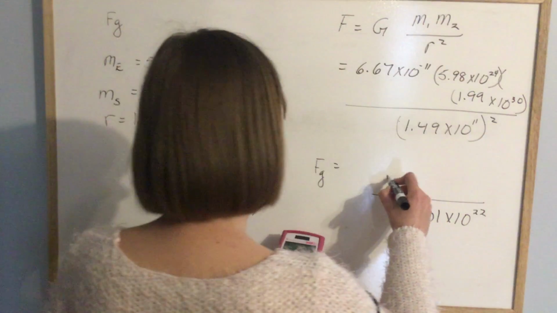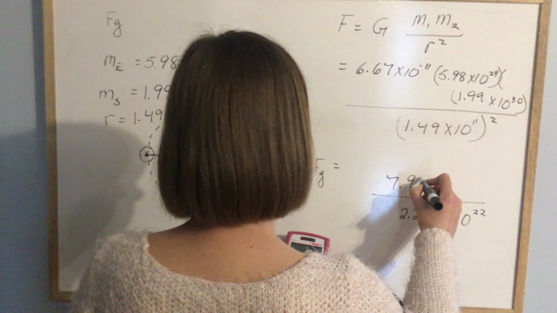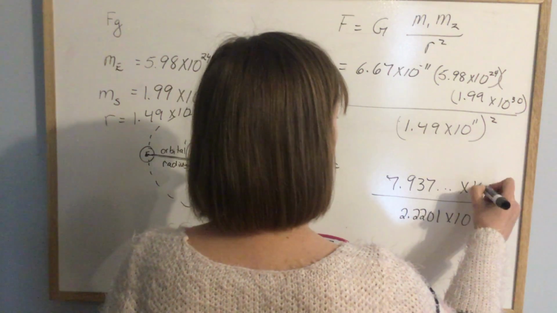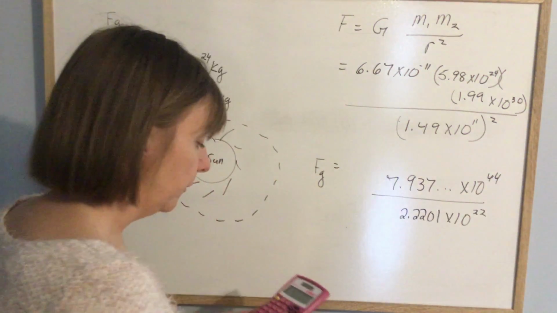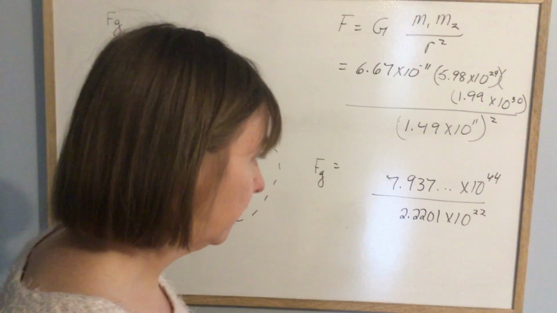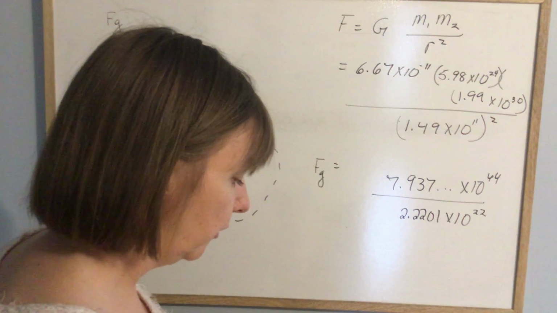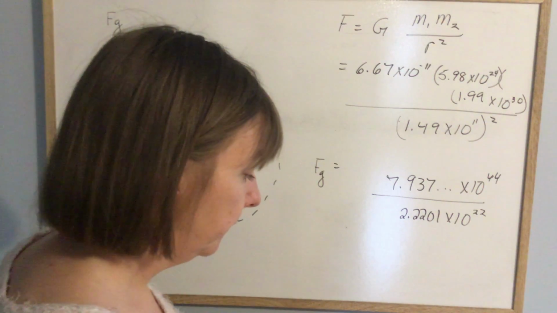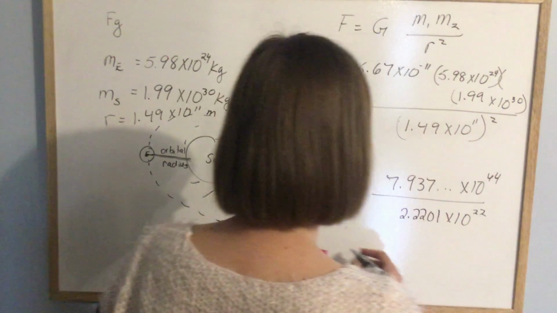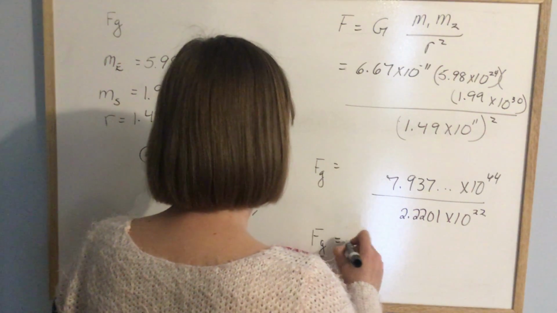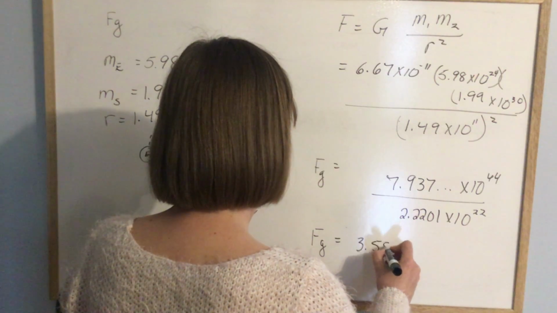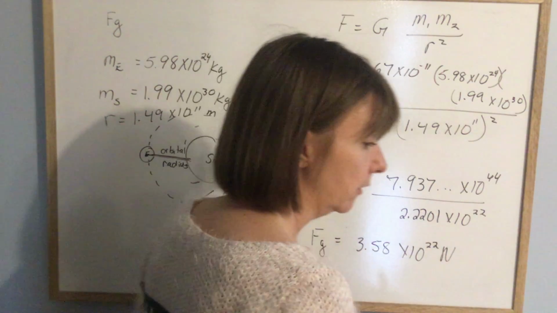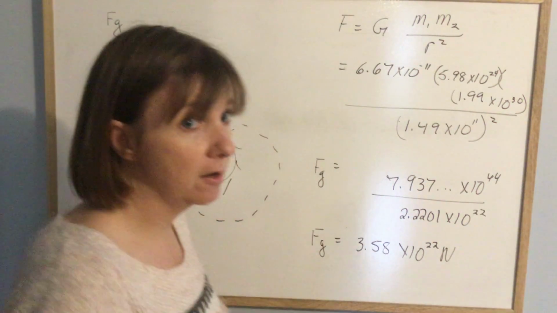And I end up with 7.9, and it keeps going, 3, 7, times 10 to the 44th. I'm going to divide that, and again, I'm going to put this in brackets, 2.2201 times 10 to the 22nd, and I get, and I can only have 3 significant figures, so 3.58 times 10 to the 22nd newtons, and that is the answer that I got before.